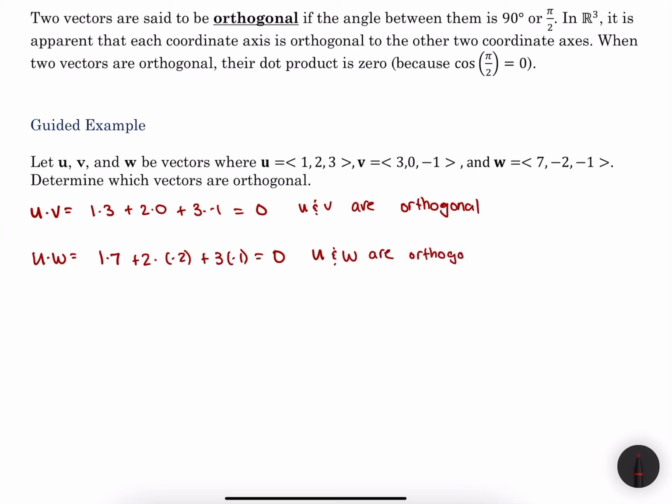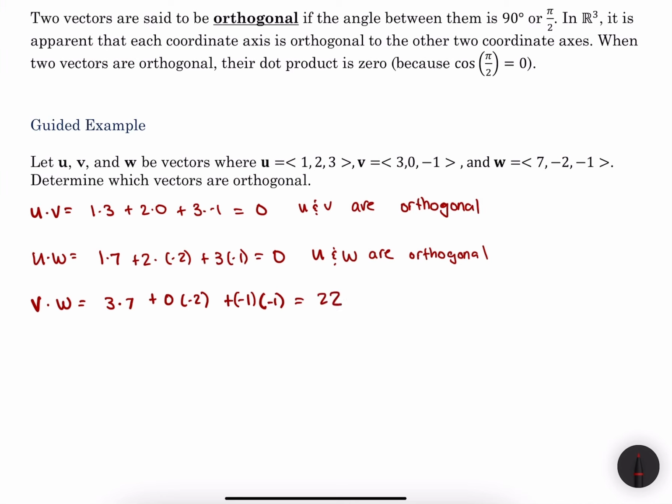Now I wonder, because u and v are orthogonal and u and w are orthogonal, does it mean that v and w have to be orthogonal? Let's find out. v times w is going to be 3 times 7 plus 0 times negative 2 plus negative 1 times negative 1, and that's clearly not 0. It's actually 22.